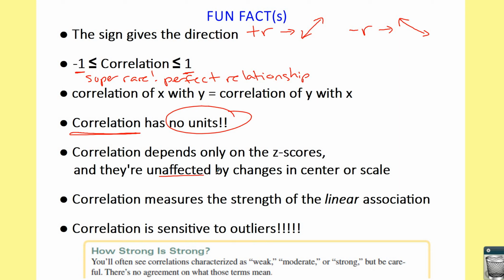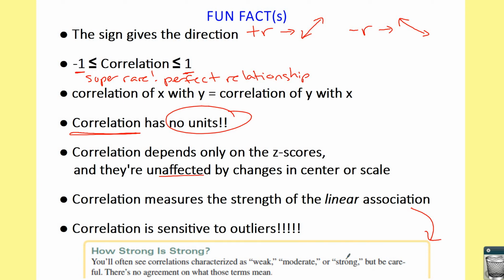So when I say the strength, I'm talking about how strong is it? Weak, moderate, strong. Use those words, but they have no definition, meaning there is no set cutoff that makes it weak, moderate, or strong, okay? Moderate is somewhere around 0.5.